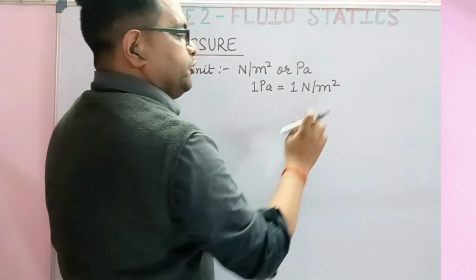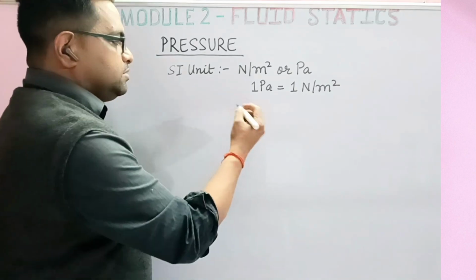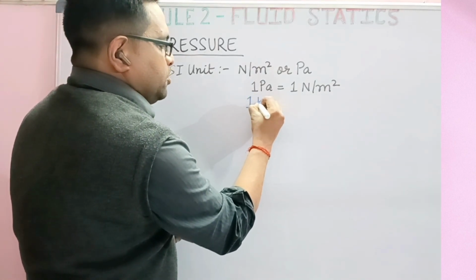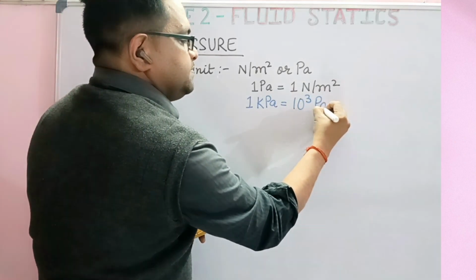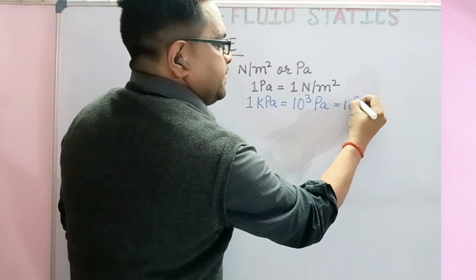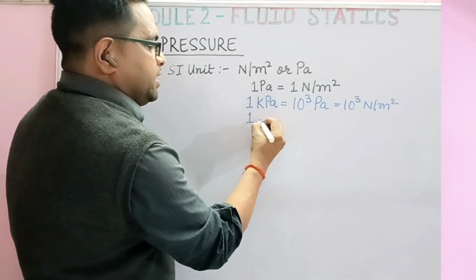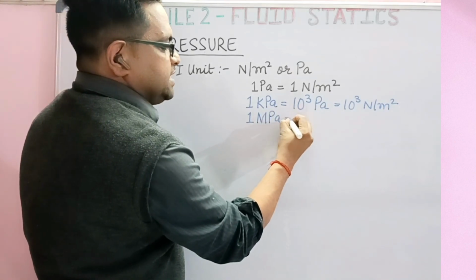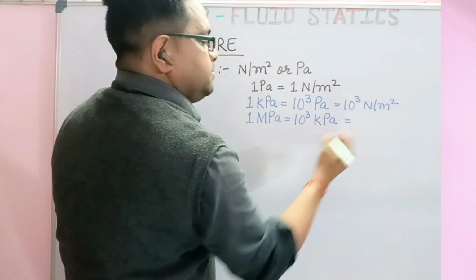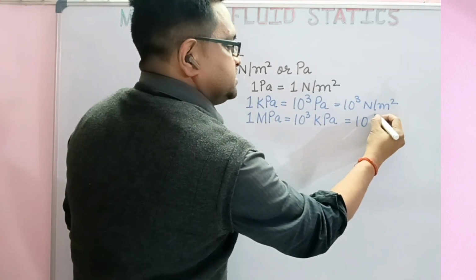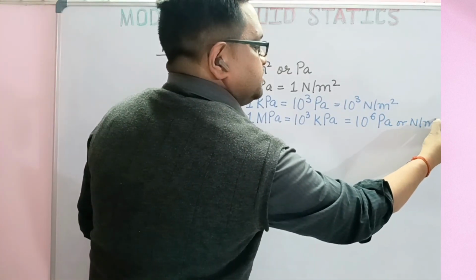Now this is a very small unit, and generally we use higher units, say 1 kilopascal. 1 kilopascal represents 10 to the power 3 Pascal, or 10 to the power 3 Newton per meter square. A higher unit is 1 megapascal, which is 10 raised to the power 3 kilopascal, or you can say 10 to the power 6 Pascal, or Newton per meter square.